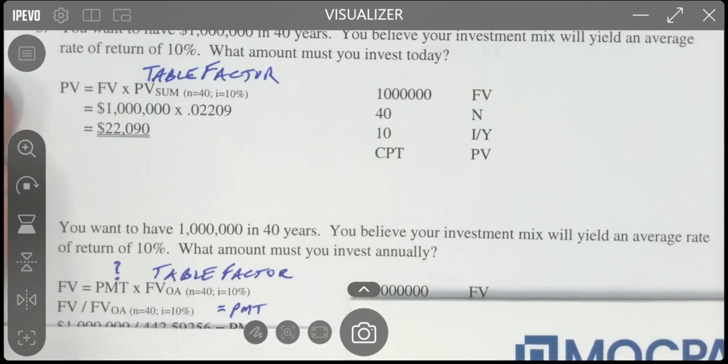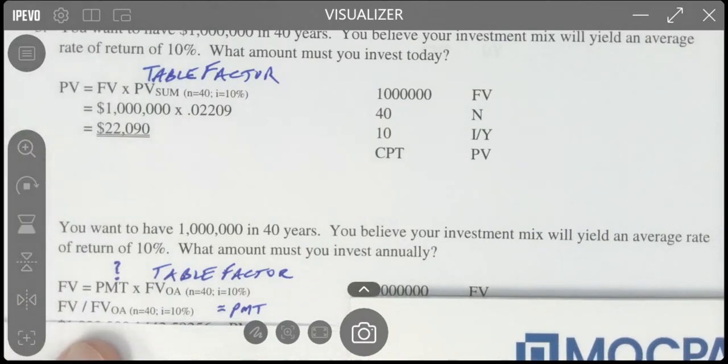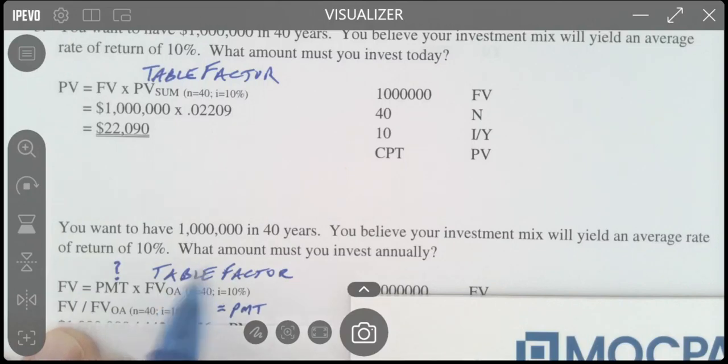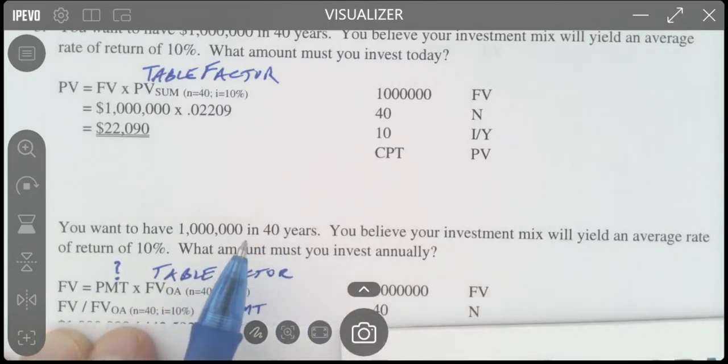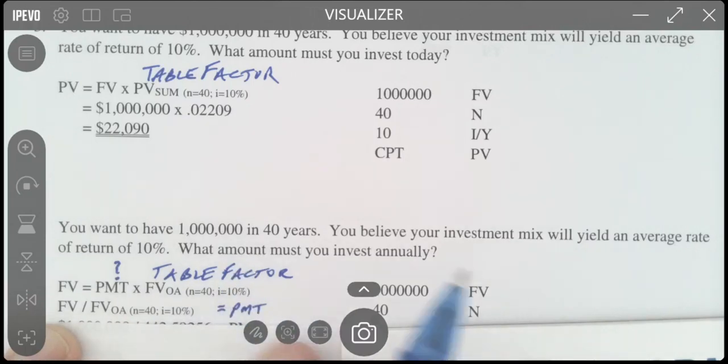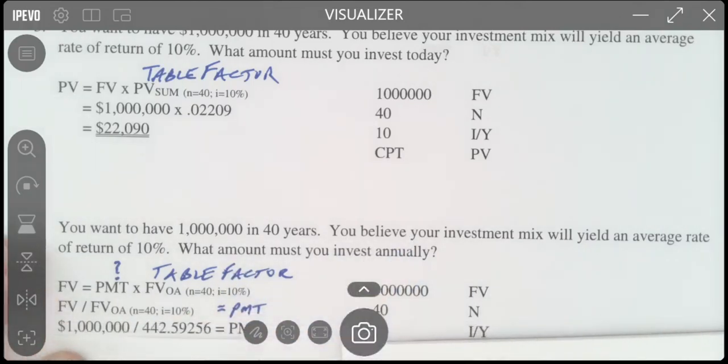Do a little bit of algebra on that. Divide each side by the future value of an ordinary annuity, and you get future value divided by future value of ordinary annuity for n equals 40 and i equals 10% equals the payment.